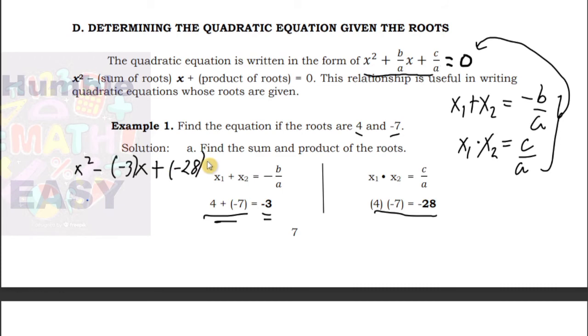is equal to 0. So now, if we're going to simplify further, we come up with x squared, double negative, and that is positive 3x.